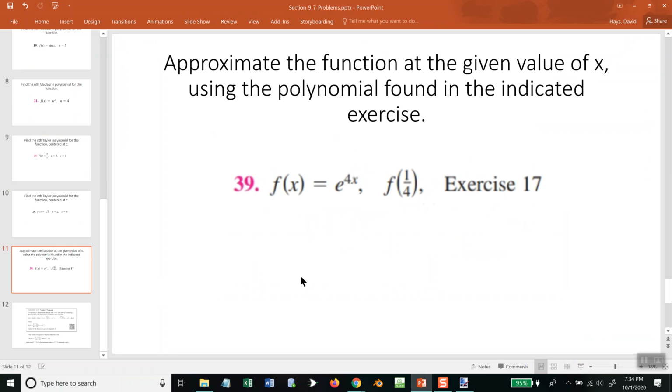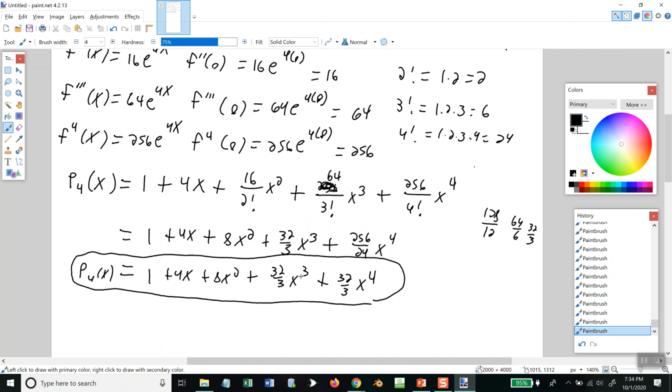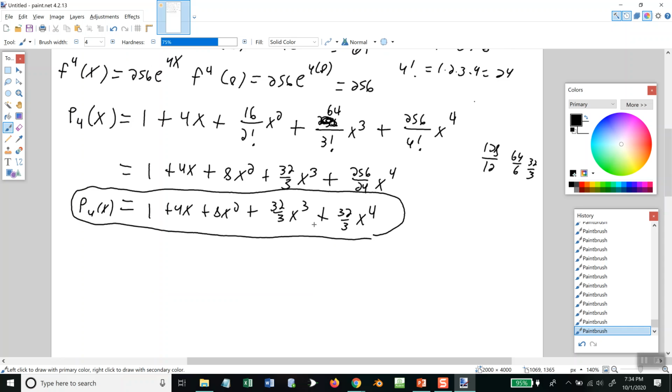So if you go home, work problems out of the book, pay attention to this set of problems right here because they go hand in hand with the ones we just looked at. Okay, so we just came up with this. Try to figure out what we're going to do.